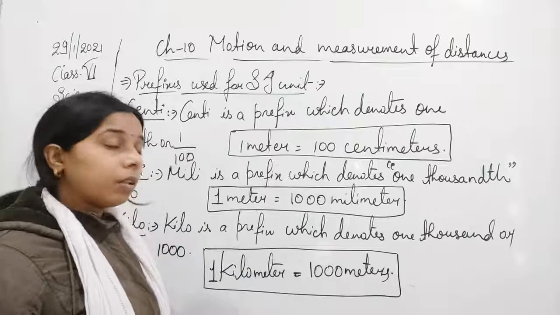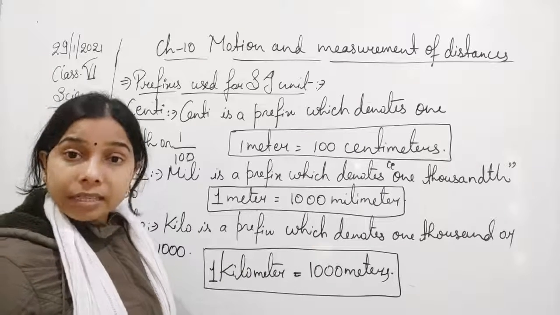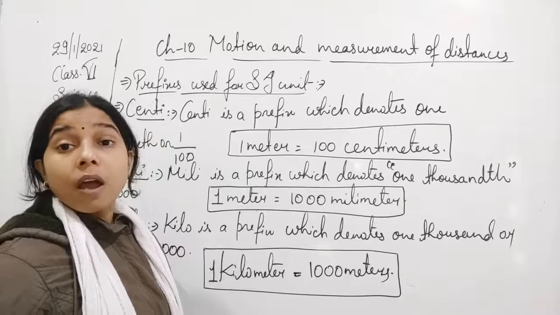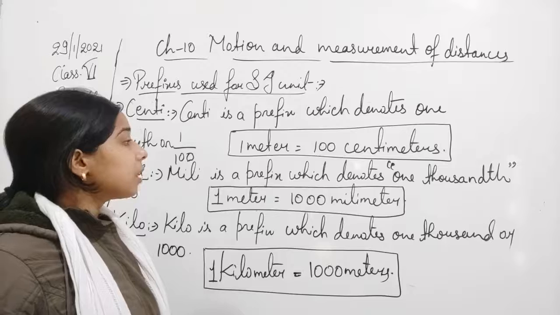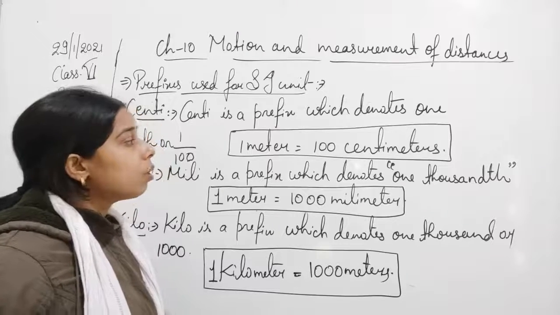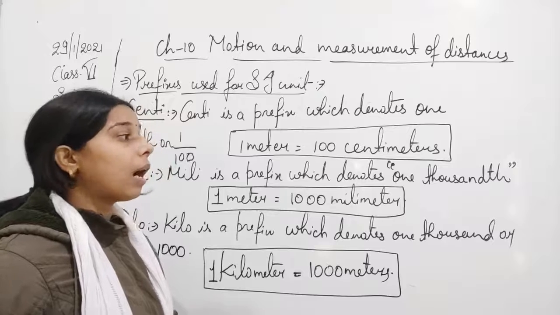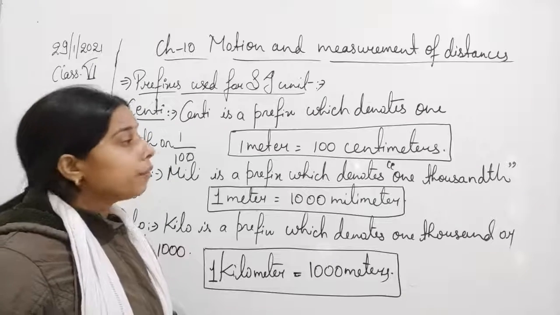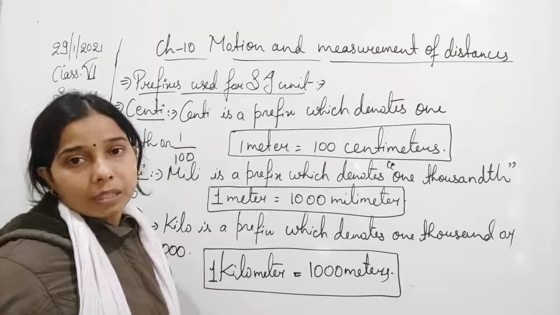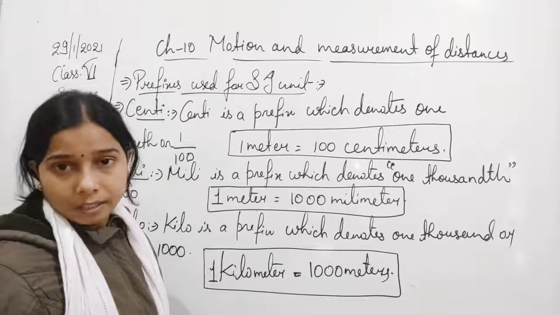So here the value of the meter increases. Thus we will say that kilometer is a bigger unit. If we take the meter with that of the centimeter, 1 meter is equals to 100 centimeter, or 1 centimeter is equals to 1 by 100 meter. So here the value decreases.